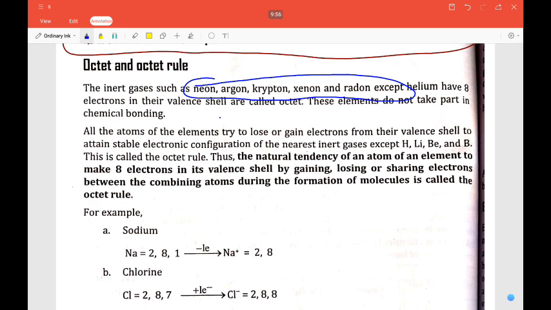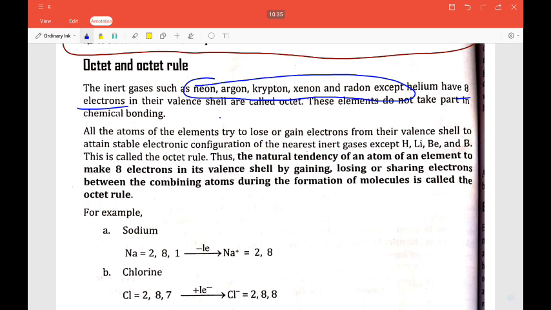Why? Because their outermost shell contains how many electrons? 8 electrons. So if the outermost shell contains 8 electrons, it is stable and non-reactive. That's why, as we already discussed, noble gases are passive because their valence shell is full of electrons, and they neither gain electrons, nor donate electrons, nor share electrons.